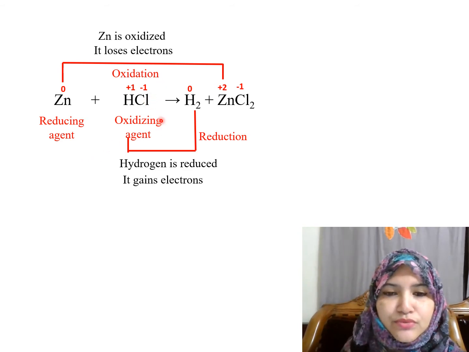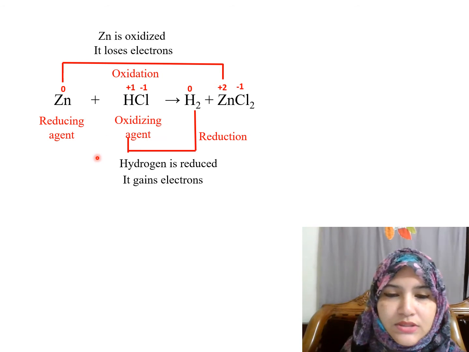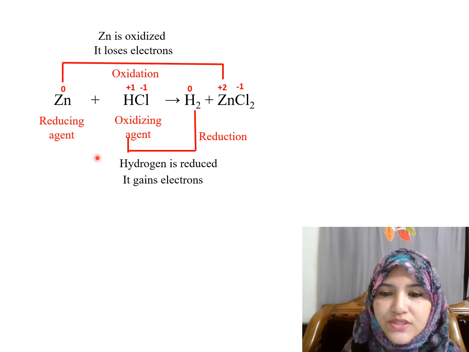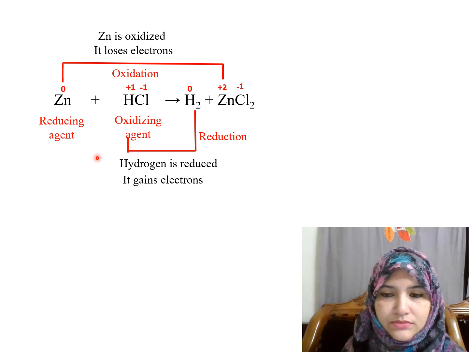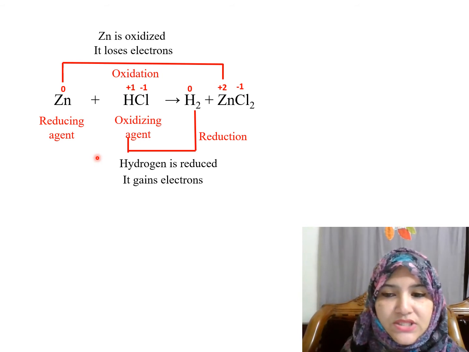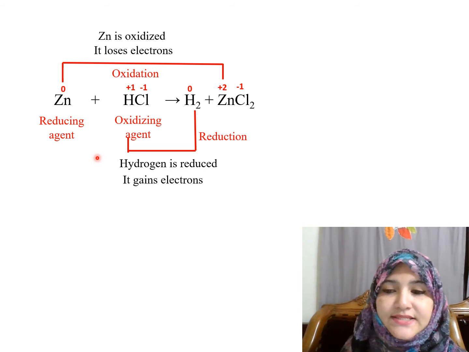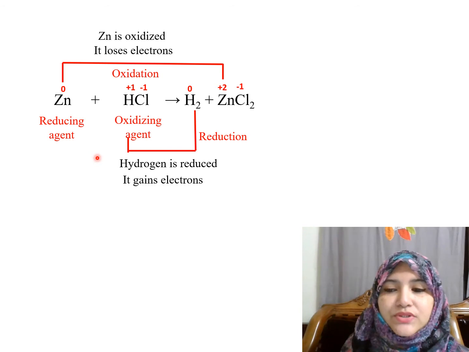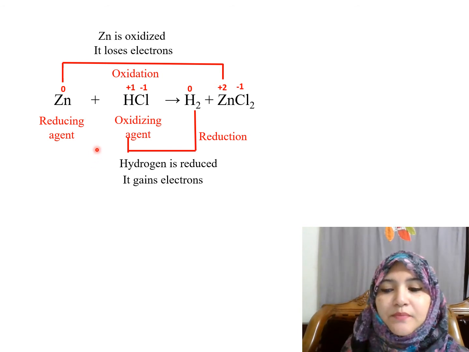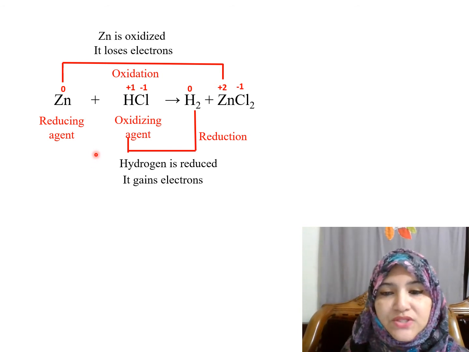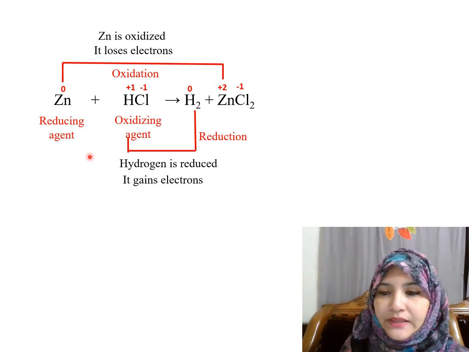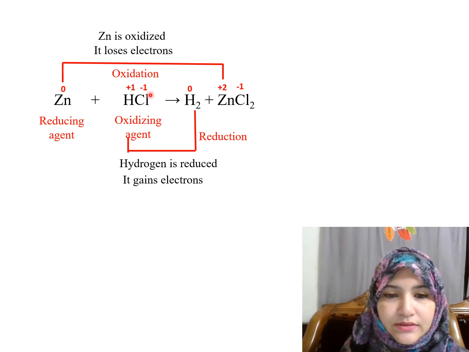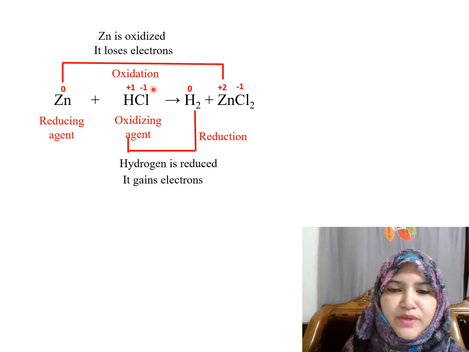And we know from our rules, halogens usually use a -1 oxidation state, except with oxygen, where they use a positive oxidation number. Here we can observe chlorine uses -1.